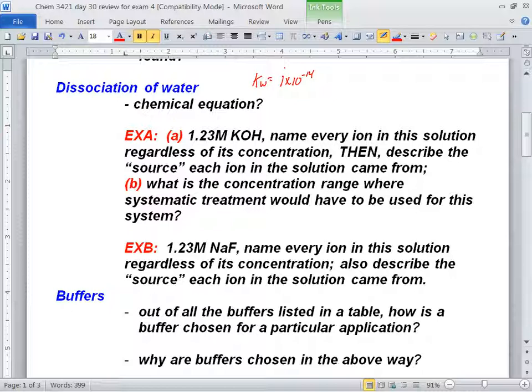Kelly, what is the chemical equation for the dissociation of water? And the hint is what Gloriana gave us. That's the equilibrium constant, but it's not much of a hint. Anybody?